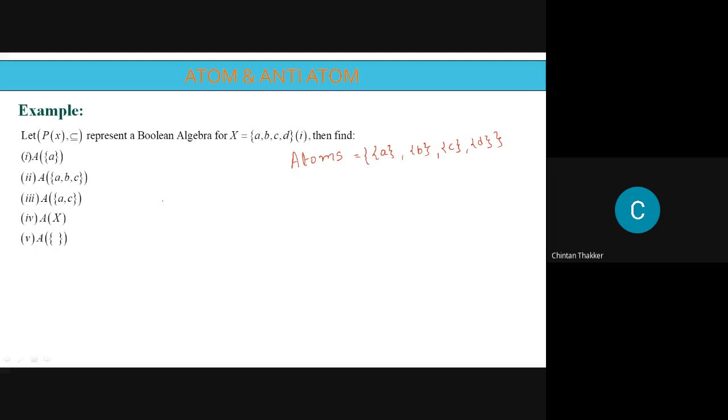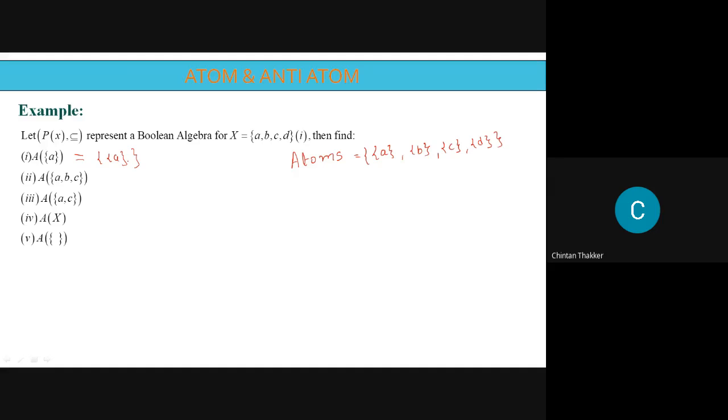Then if we find the A of A, then only singleton A will be related to this side.